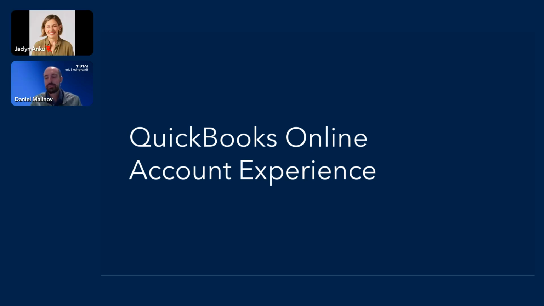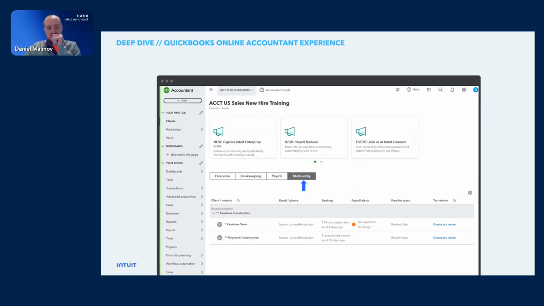Okay, so to kick us off, we are going to cover the accountant experience, and then we'll dive into some of the actual capabilities in IES. So to start off is really what that view is when you log into QuickBooks Online Accountant. And if you have clients that are on Intuit Enterprise Suite, you will notice that there is a new tab there in your client's view called multi-entity.